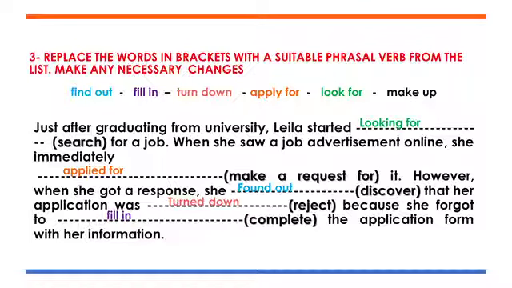All right, let's start reading. Number 1. Just after graduating from university, Layla started, you have search. Very good. And pay attention to the changes. Looking for. Layla started looking for a job. When she saw a job advertisement online, she immediately applied for it.